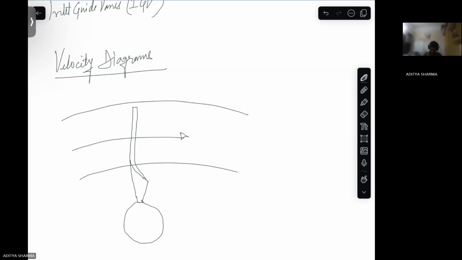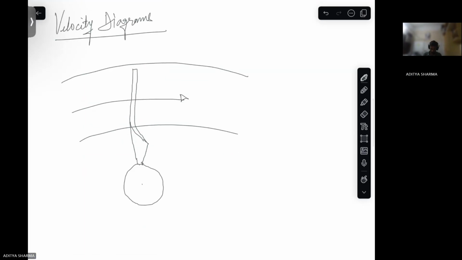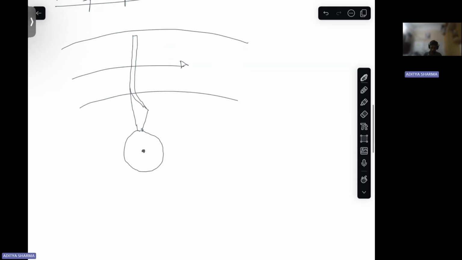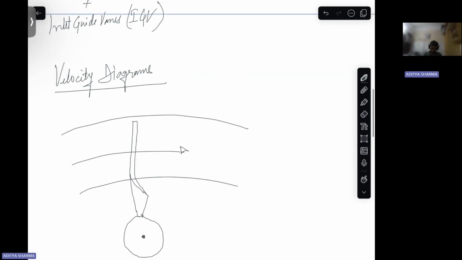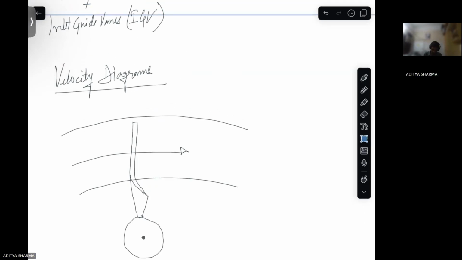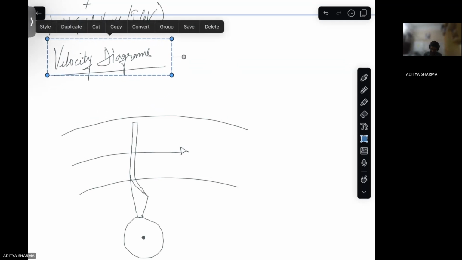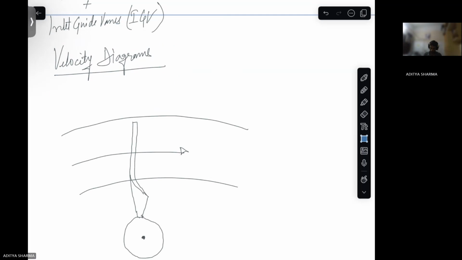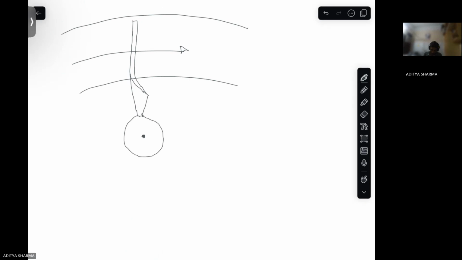This is your center. Now add the inlet. What will happen? How does the velocity diagram look? Just draw this.